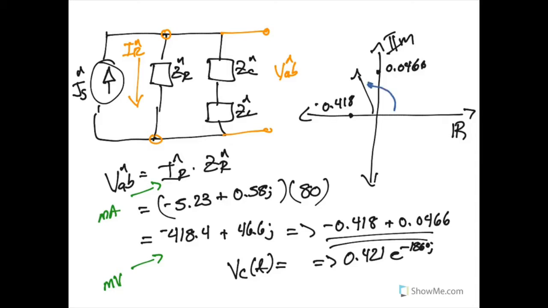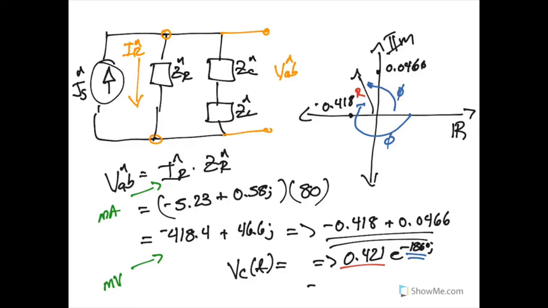We'd be looking for its angle, which would be right here. So that's the angle. And then we would be looking for the object's length, which would be right here. And it has a length of 0.421. And again, you might say, well, why is this angle negative? Because actually it's measuring the angle all the way back here. This is the actual angle that's being represented in this expression.